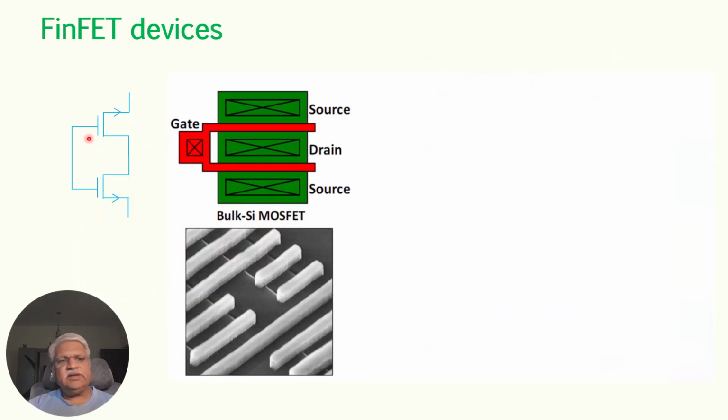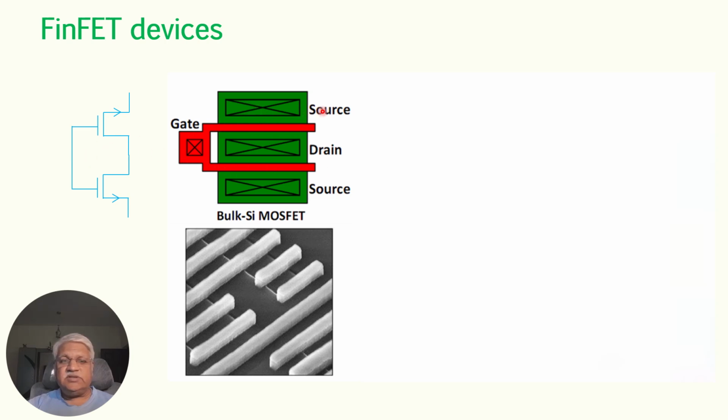Let us connect the schematic view of a MOS configuration in the planar transistor, and later discuss the FinFET view. Here the drains of two MOS transistors are connected together, and you see the gates tied here.